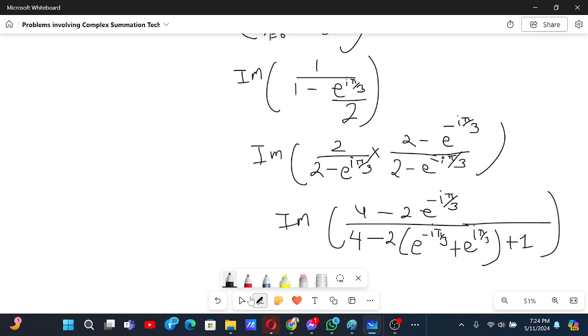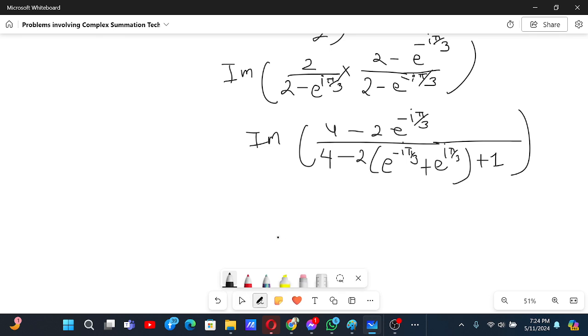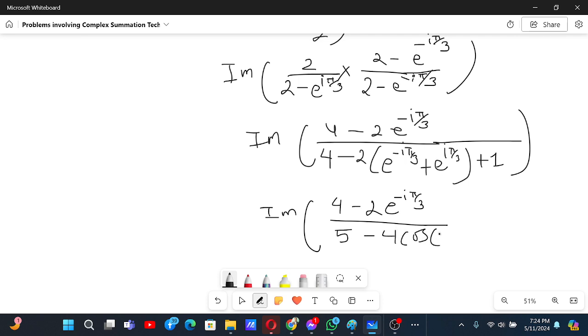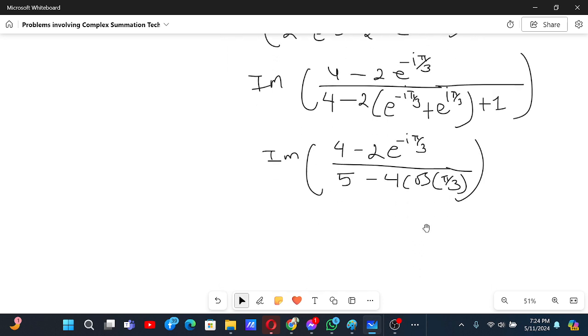Yes, and now we have the imaginary part of 4 minus 2 times e to the power minus i pi by 3 by 5 minus 4 cos pi by 3. Yes, now let's try to find its imaginary part.